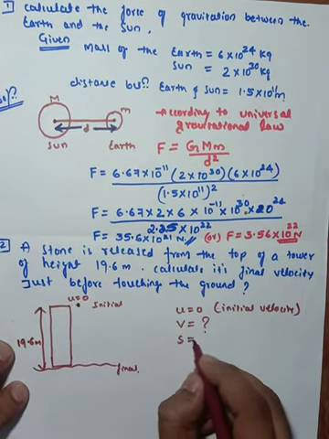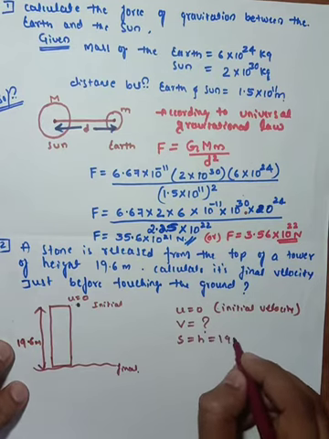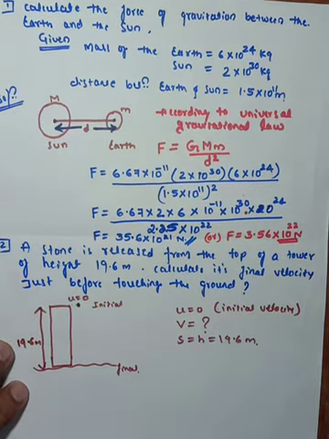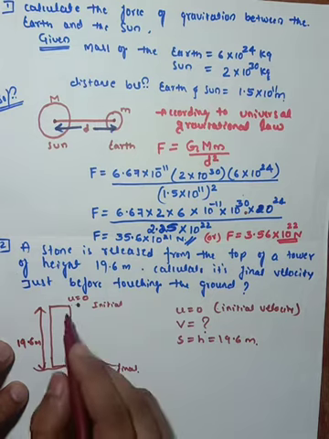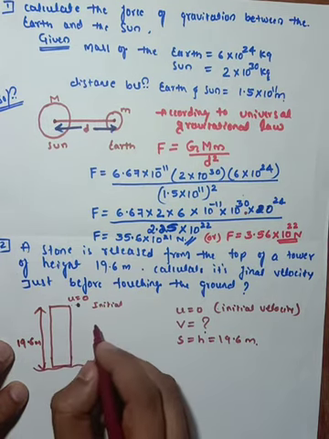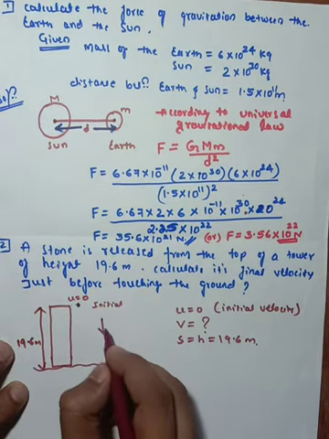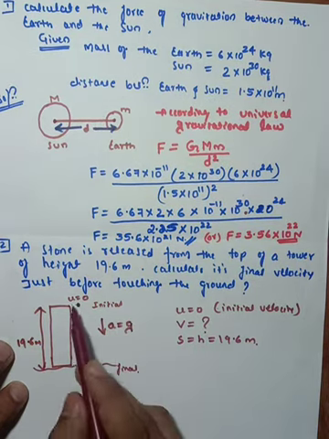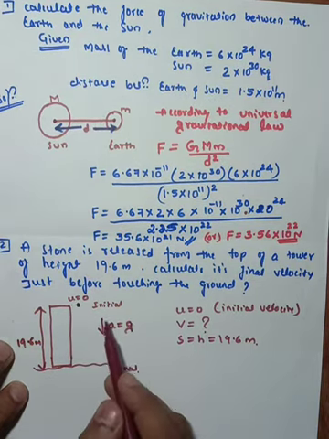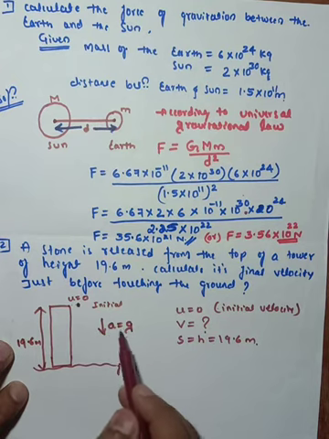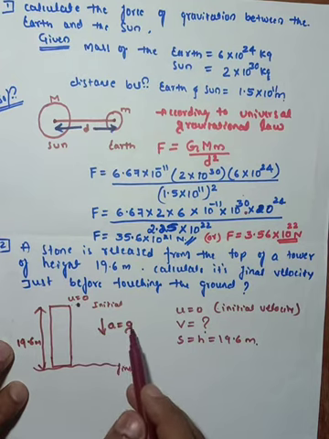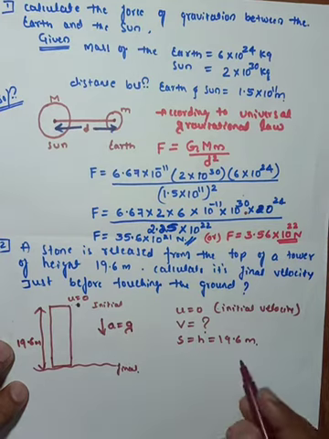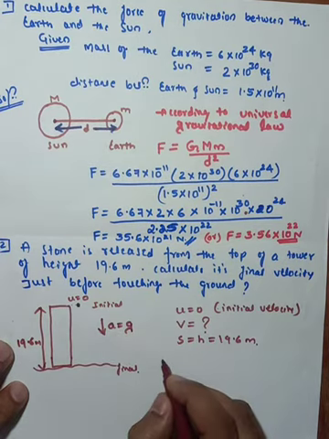Once I know s or h, that is 19.6 meter, which formula do I have to use? What is the acceleration here? Acceleration due to gravity, so we take a as g. Why? Because this is free fall, I can't just say acceleration, I have to write acceleration due to gravity.